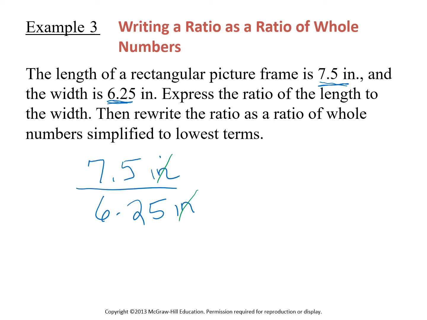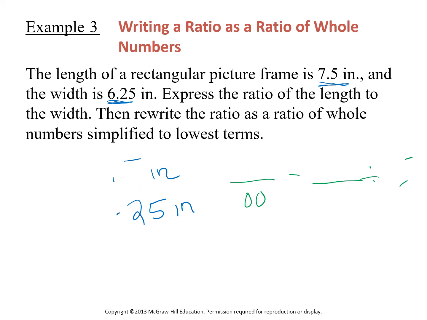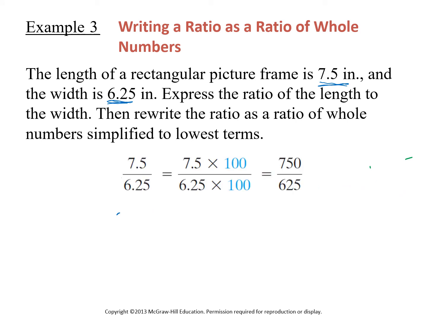So you could do this in your calculator and use the decimal to fraction button. If I'm doing this by hand, I will recognize that if I multiply this fraction by 100 over 100, that gives me 750 over 625. And then I can divide both numerator and denominator by 125 to reduce this fraction. And my final answer will be 6 to 5.